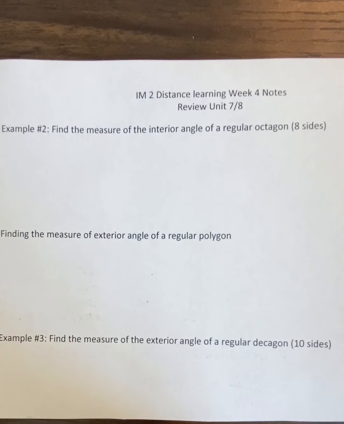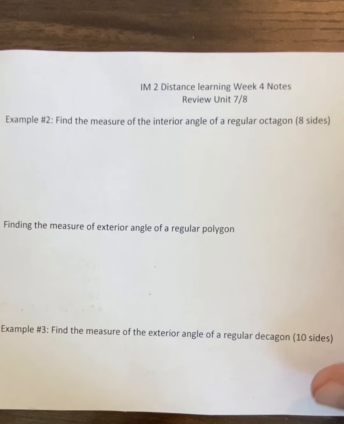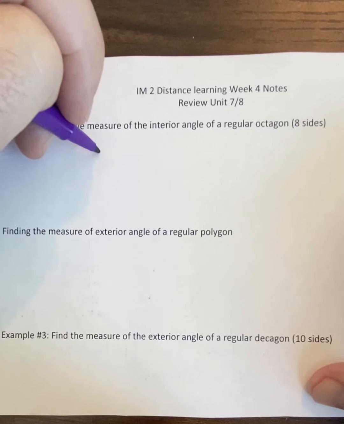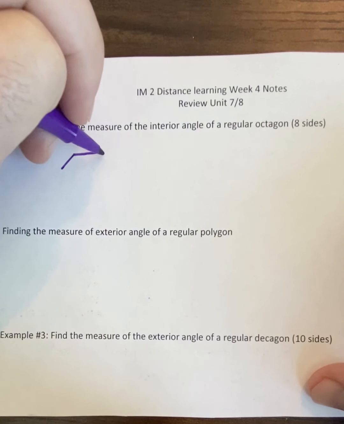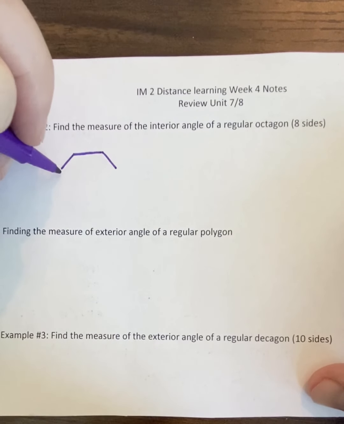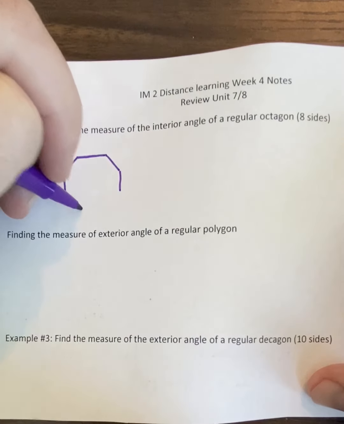And so for example 2, it's find the measure of the interior angle of a regular octagon with 8 sides. So that's a stop sign, right? So we have 1, 2, 3, 5, 6.